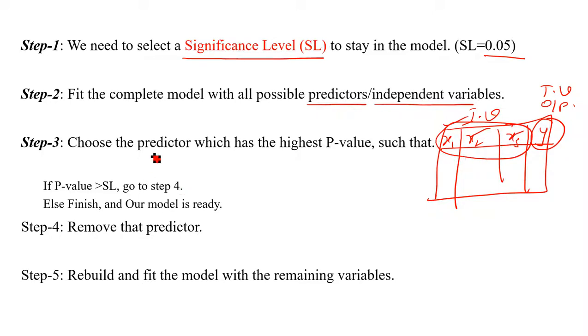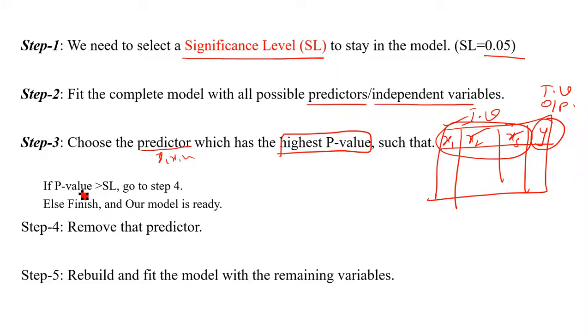Choose the predictor, meaning the independent variable among x1, x2, x3, which has the highest p-value. I will explain the p-value.